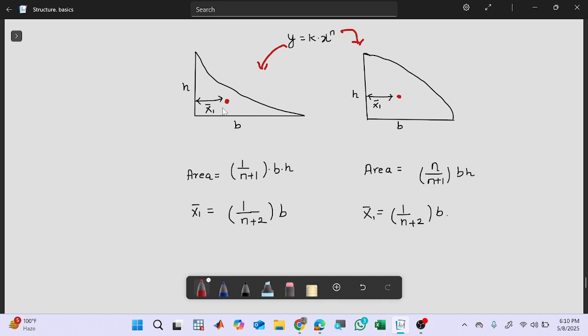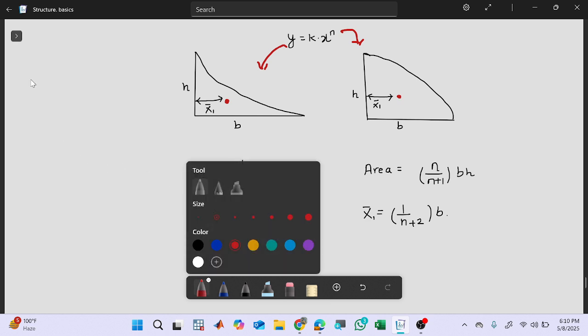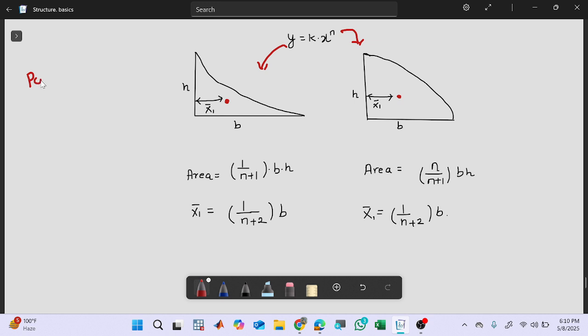If we get this type of expression, then the area will be 1 divided by n plus 1 times b into h. Now the value of n for a point load we are going to take as 1, for UDL we are going to take 2, and for a uniformly varying load we are going to take 3.